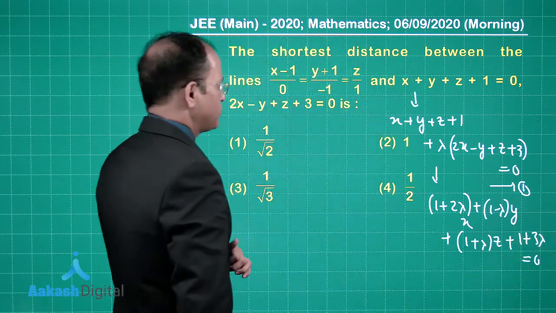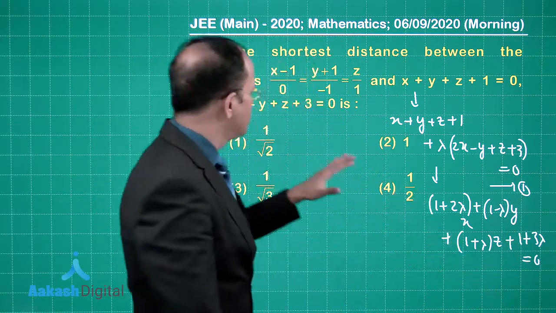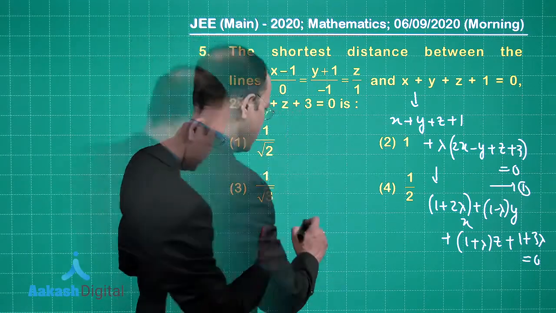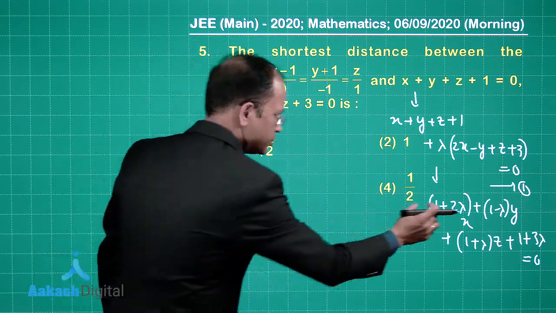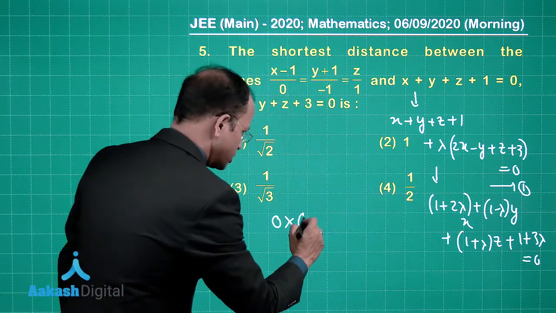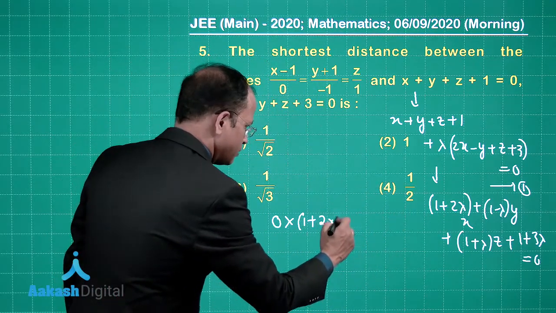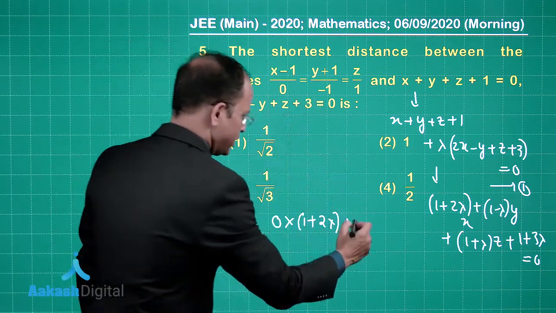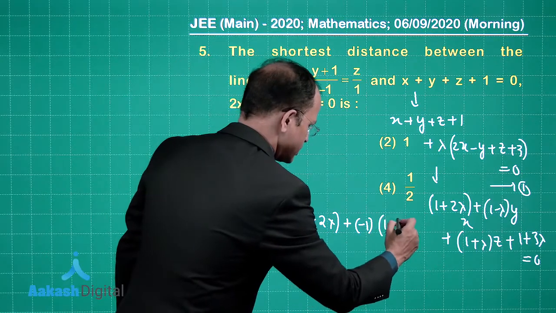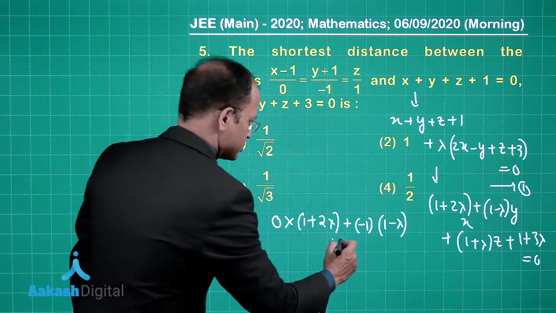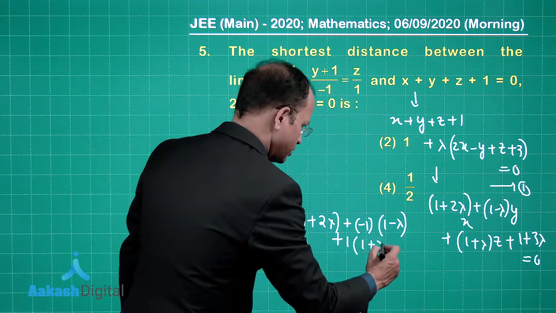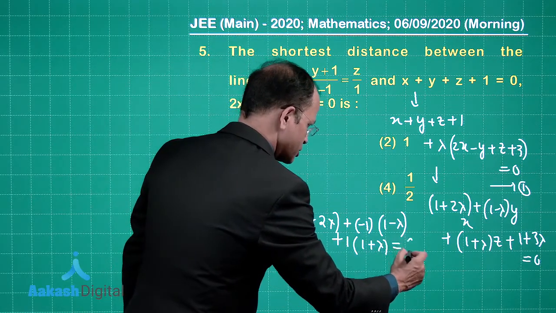So if the plane is parallel to the given line, we can take 0 times the direction ratio of the normal to the plane, that is 1 plus 2 lambda, plus minus 1 times the direction ratio of the line, that is 1 minus lambda, plus 1 times 1 plus lambda, which is coming out to be 0 here.